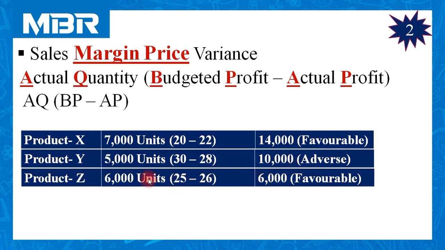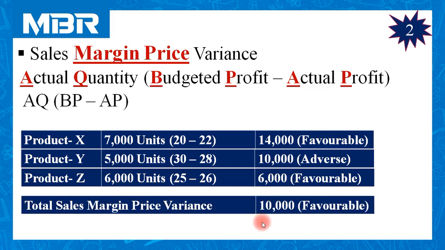Product Z, 6,000 units actual quantity sold by the company. Estimated profit was rupees 25, while actual profit earned by the company in product Z is rupees 26. So difference of rupee 1 for 6,000 units. So total 6,000 favorable.